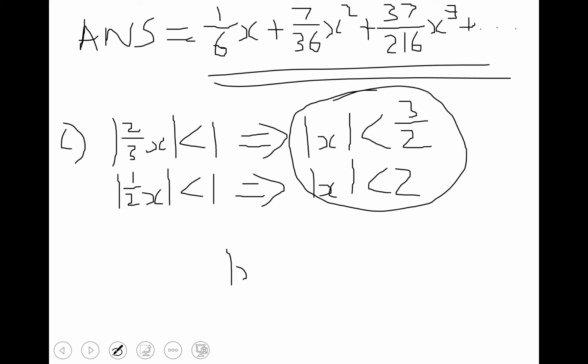That's only the case when the modulus of x is less than 3/2. So the series is valid only when the modulus of x is less than 3/2, because both series are valid for that. Whereas, for example, if we went slightly above 3/2, say 1.8, it would be valid for the second expansion, but not the first.